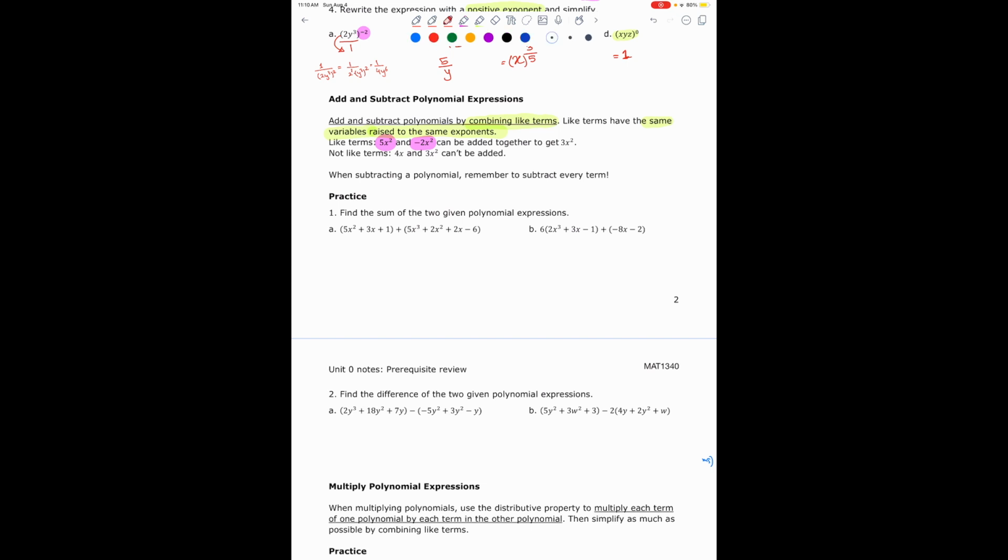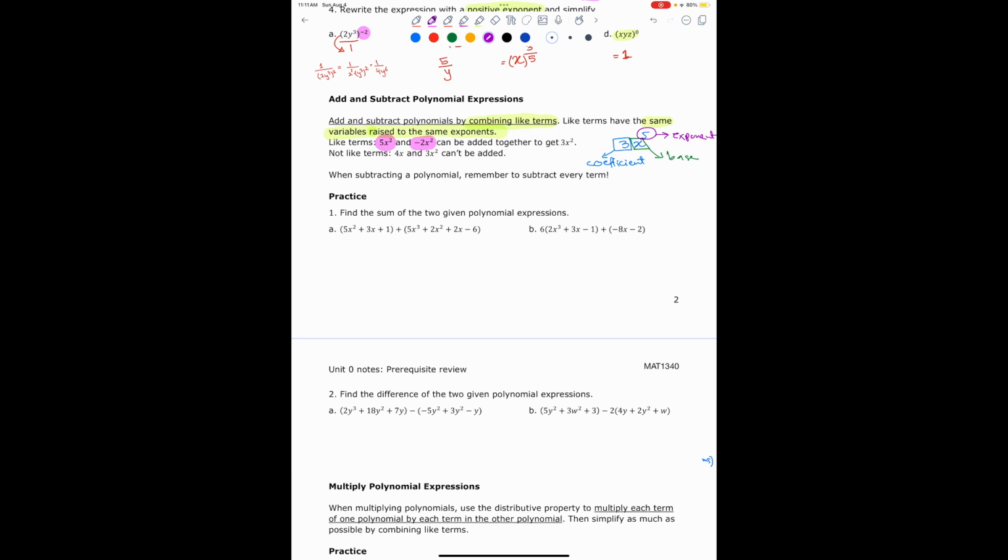So in any expression, let's say you have the expression 3x to the fifth power. We call this number the coefficient, we call the variable the base, and we call the power the exponent.